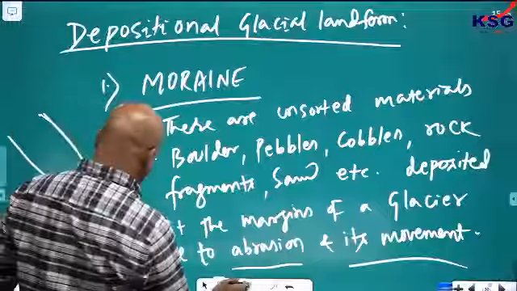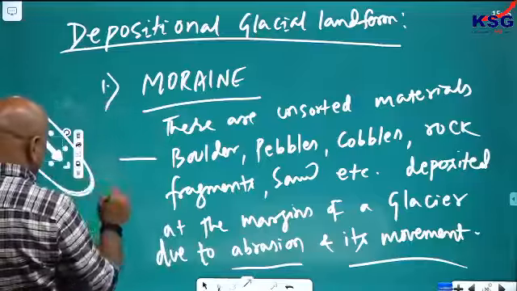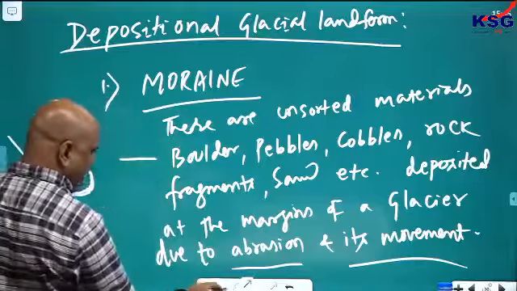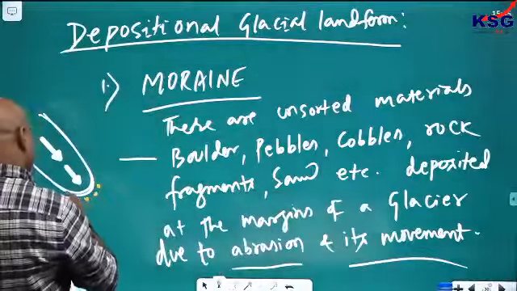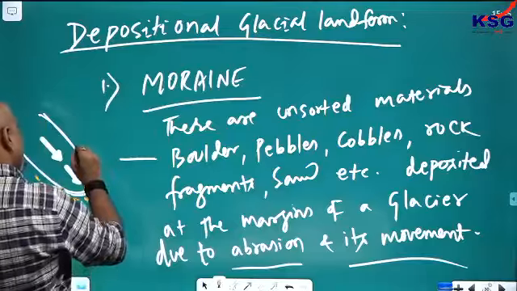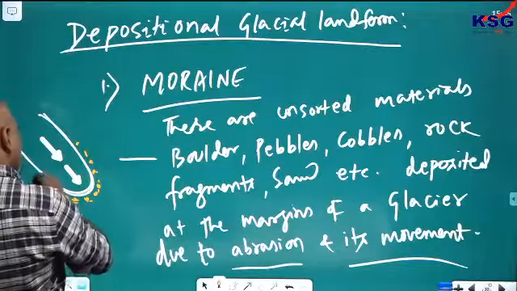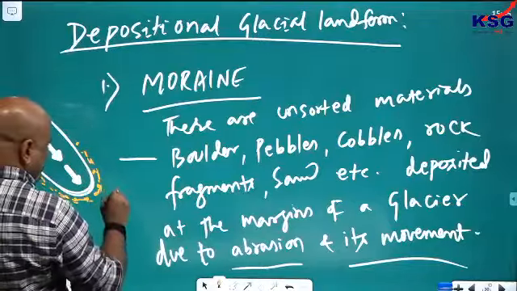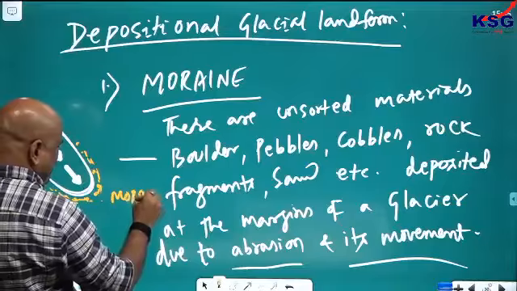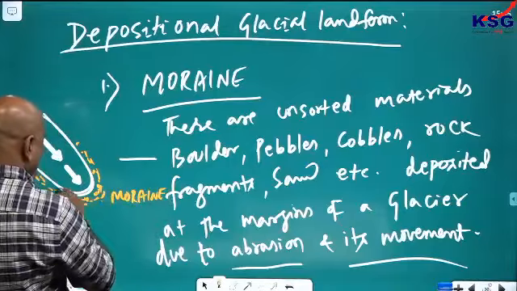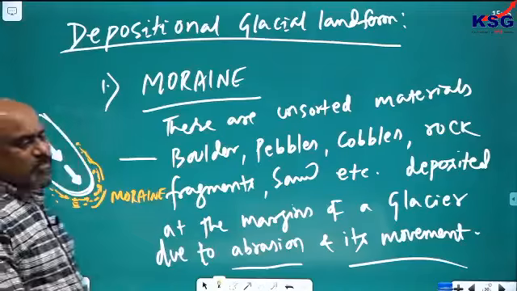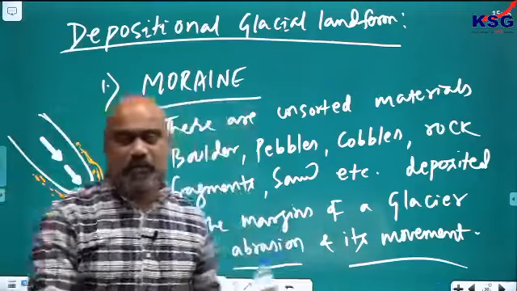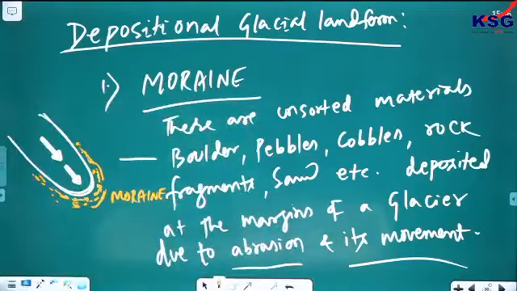If a glacier is coming in this way, here we have deposits of different types of unsorted materials. These are called moraine. This material, these are the moraines. On the sides, you have deposits of this type of material known as moraine, unsorted material.